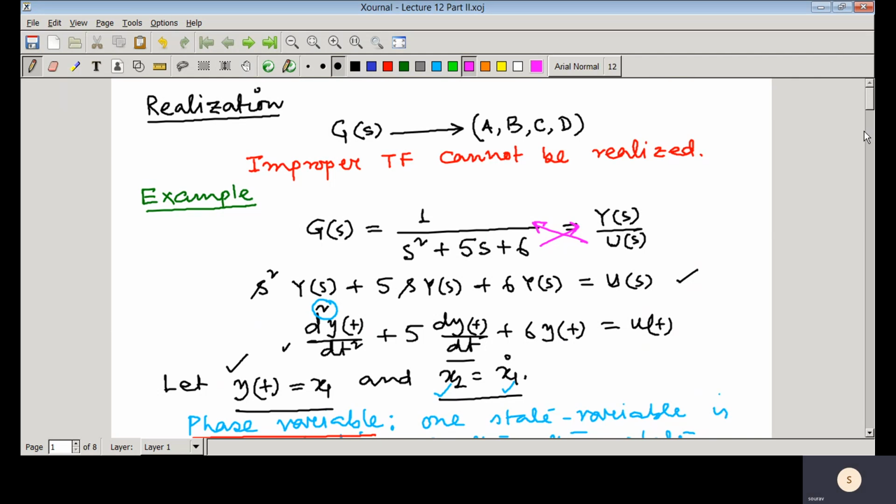The D matrix is found by putting s tending to infinity in the transfer function, and that value gives you the D matrix. So here, if you put s tending to infinity, you will get D equal to 0. In case of a strictly proper transfer function, you always have D equal to 0. But if you have a biproper transfer function, then you would have some D value.